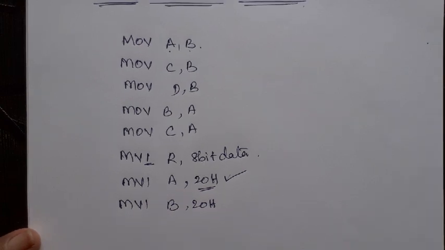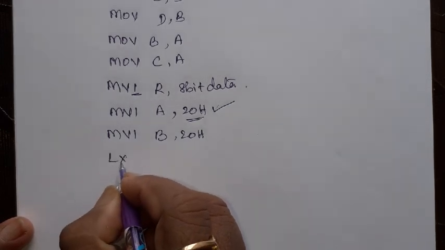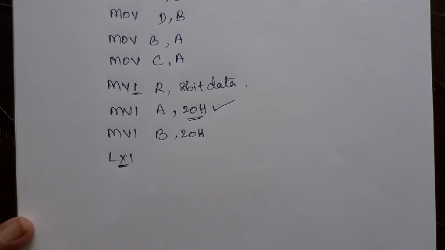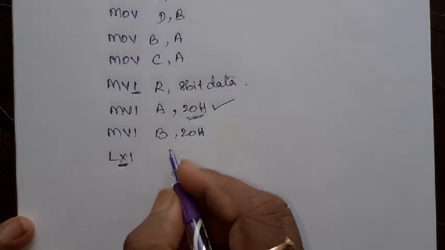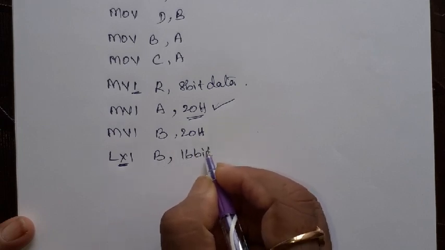in the processor. Then we have a 16-bit immediate addressing, like load immediate. Here X indicates that the register pair is used in this particular instruction. So load immediate B with 16-bit data.